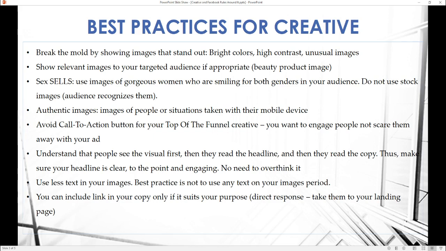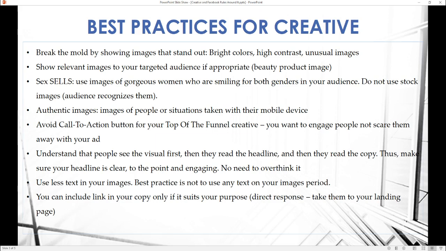But another reason is that for me, it's really hard to know from which angle you're coming into this training and what niche you're trying to target. So I collected what I learned from other Facebook ad marketers and from my own personal experience, what basically works the best.